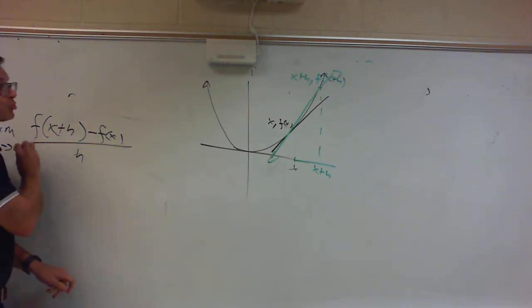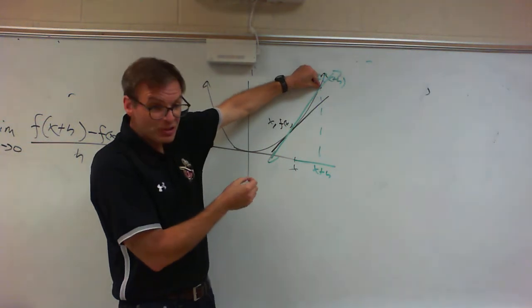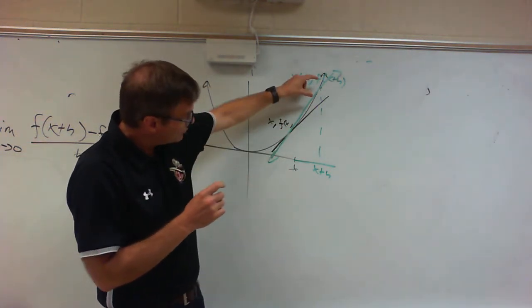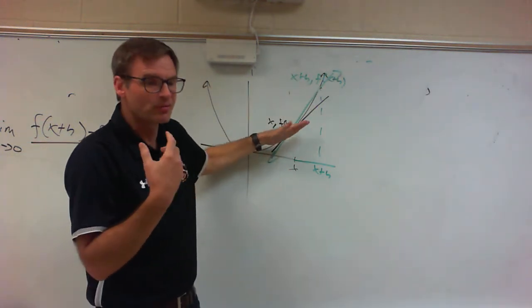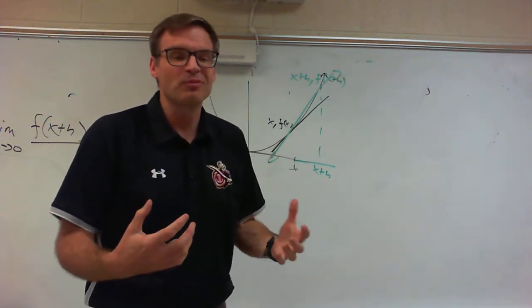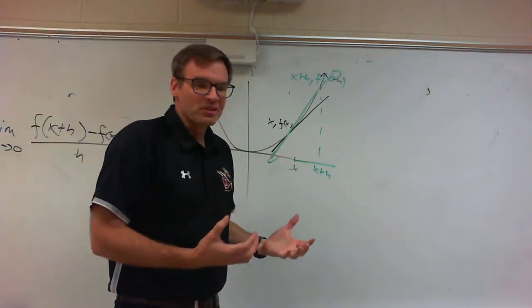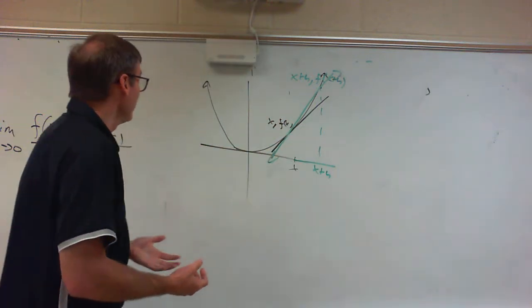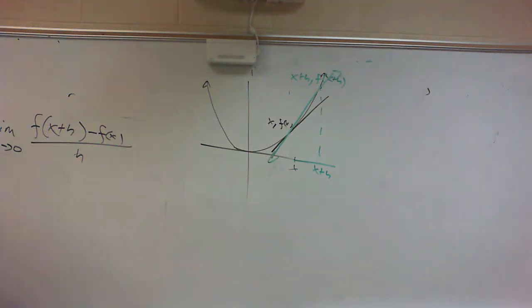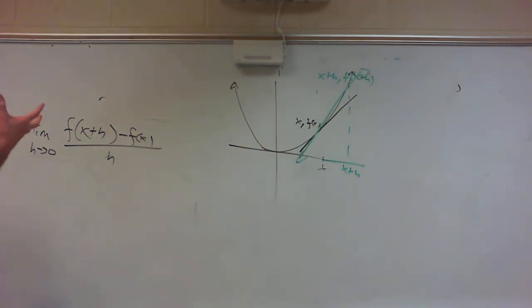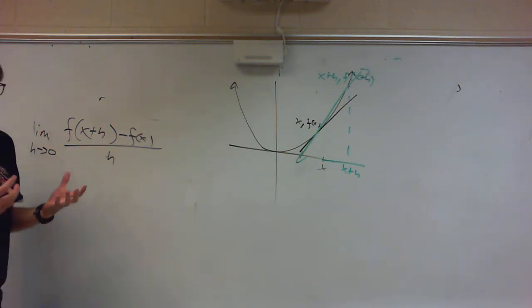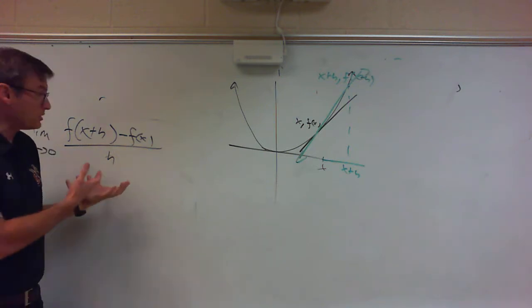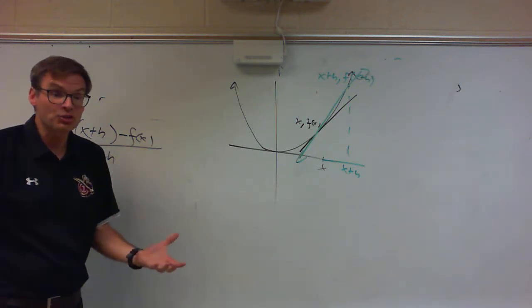As h gets really small, that forces the slope of the green line to match the slope of the black line, which gives me the slope of the tangent line, which measures how steep the graph is at this point. This is a big deal because this little formula tells us how to find the slope of any function.